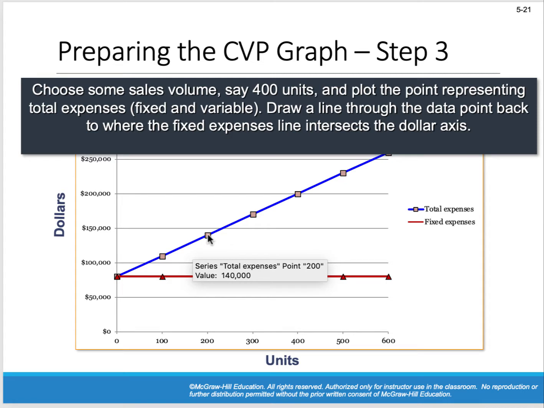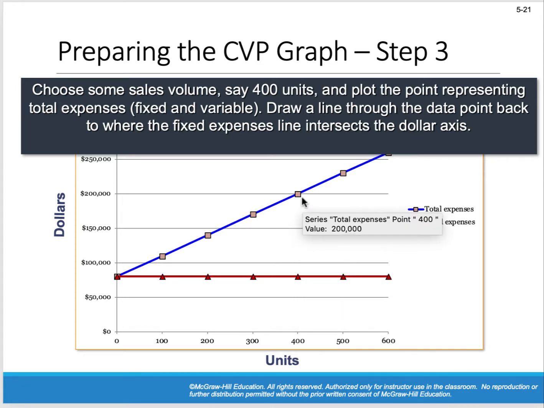At 200 units, the total expenses for a volume of 200 units sold is going to be $140,000. And we keep on going. If we get to 400 units, our total cost, which is fixed and variable, equals $200,000.